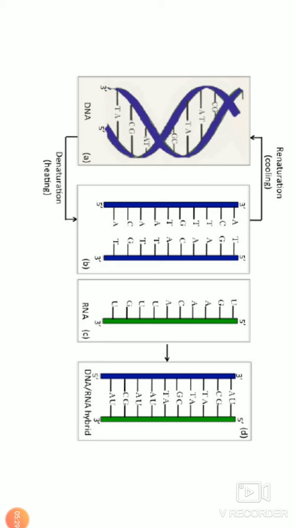The principle of hybridization is the addition of a probe to a complex mixture of target DNA. The mixture is incubated under conditions that promote the formation of hydrogen bonds between the strands. This hybridization can happen as a DNA-RNA hybrid, a DNA-DNA hybrid, or an RNA-RNA hybrid.